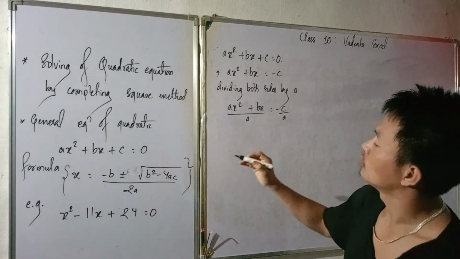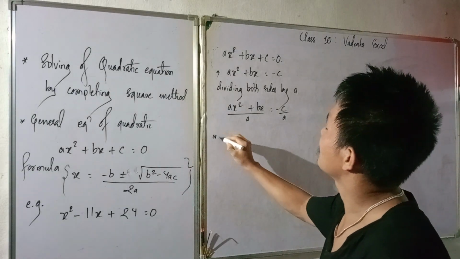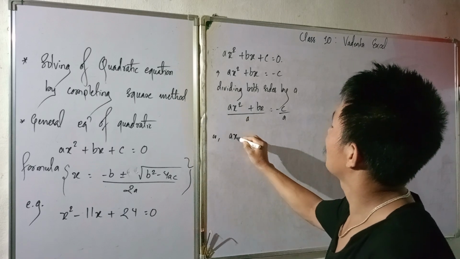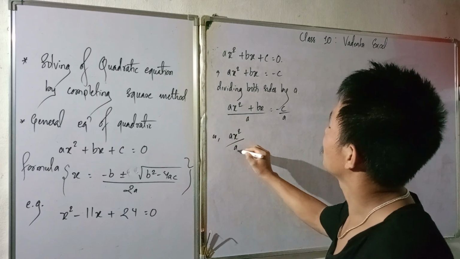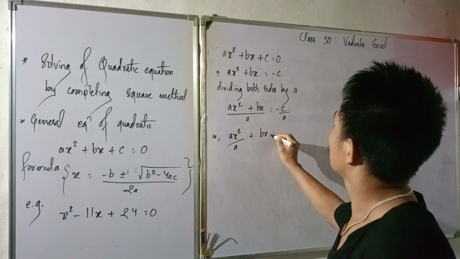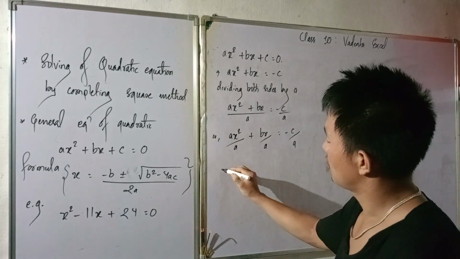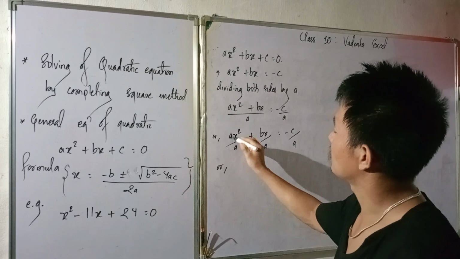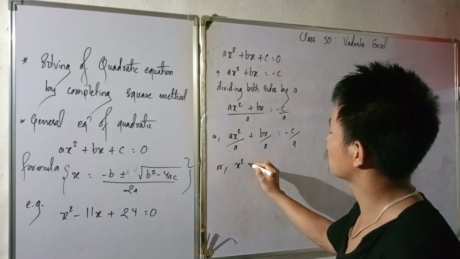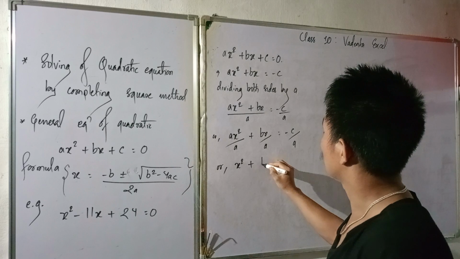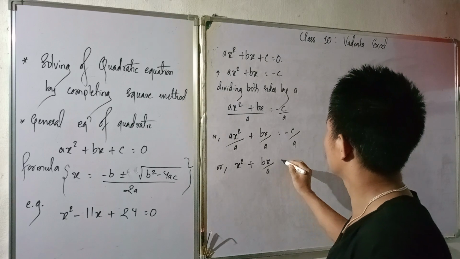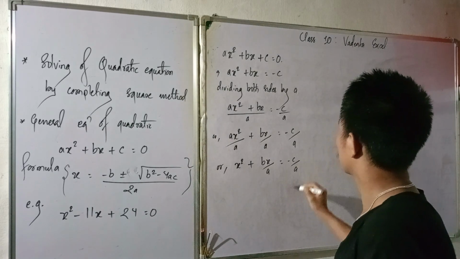Let's disintegrate this. Ax squared by a plus bx by a is equal to minus c by a. Now the remaining will be x squared plus bx by a equals minus c by a.